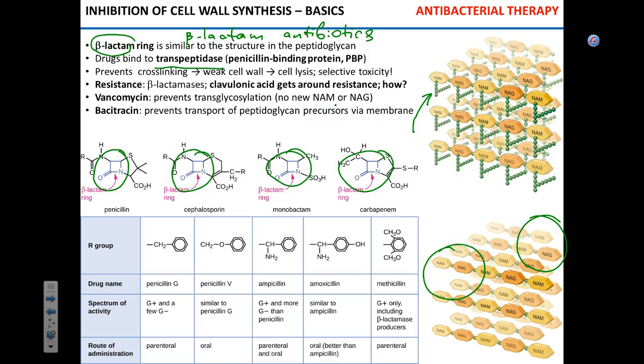So these drugs are bactericidal because when the structure of the cell wall is affected this way, the cell wall becomes weak and the cell lyses. The cell pretty much explodes. That makes sense to you? Okay.